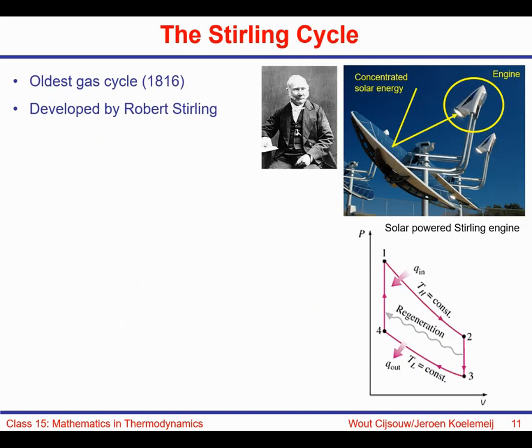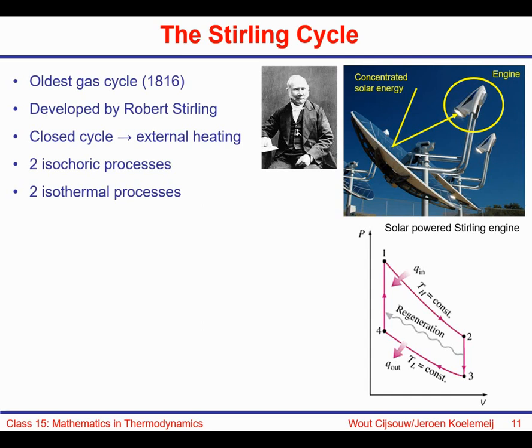And now let's talk about the Stirling cycle. It's actually the oldest gas cycle that exists. It was developed by Robert Stirling, a Scottish engineer. It's a closed cycle, so it requires external heating or external combustion.